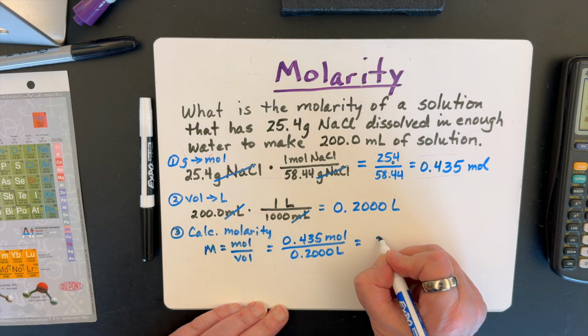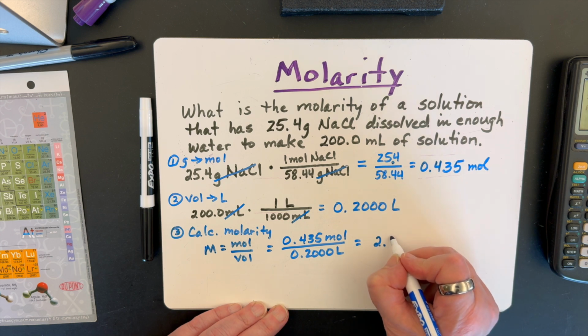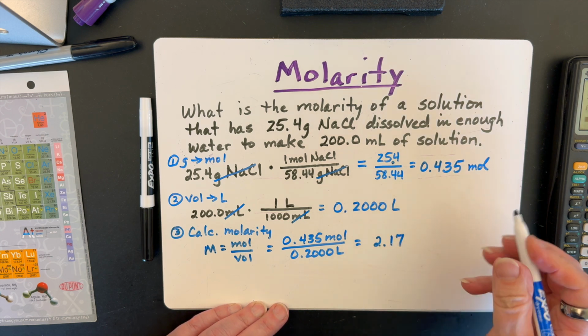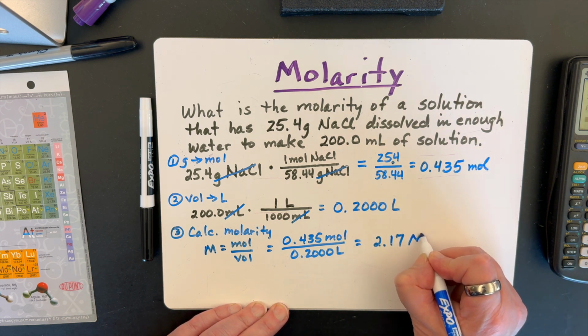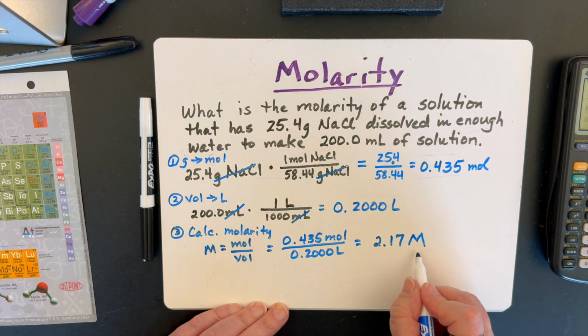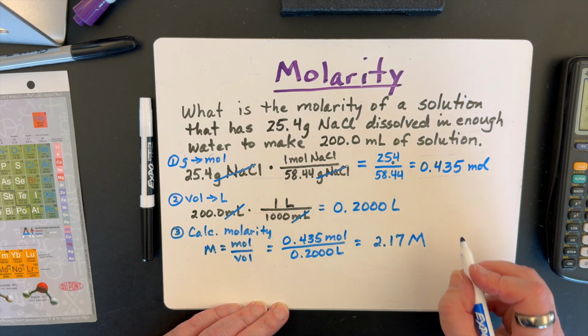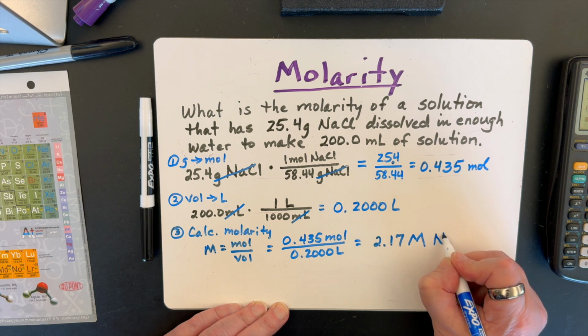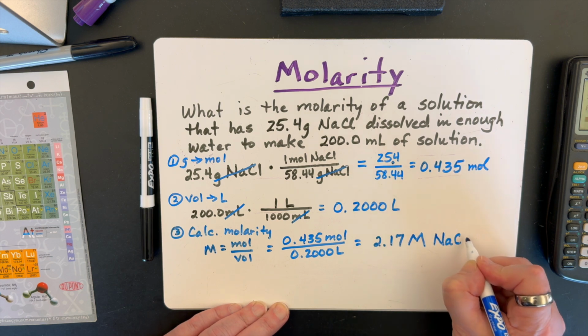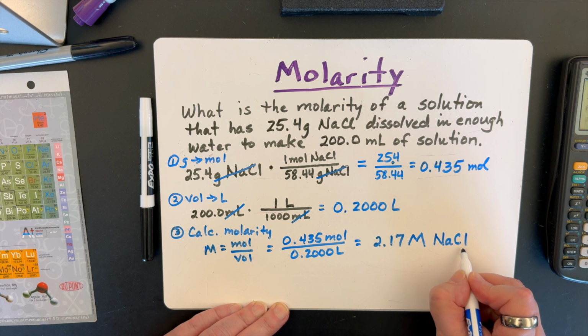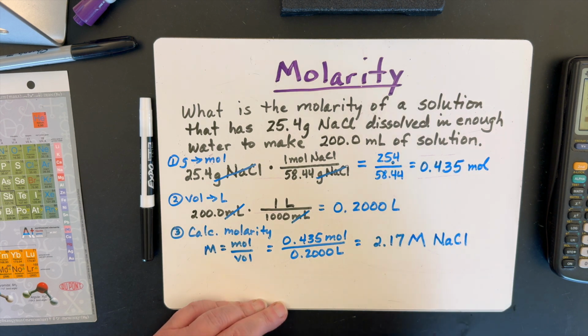So our molarity is going to be 2.17 molar. Molarity, that's the unit, capital M. There's no element with a symbol, just capital M. So this stands for molarity. And then molarity of what? NaCl. So this is your solute, and this stands for molarity.